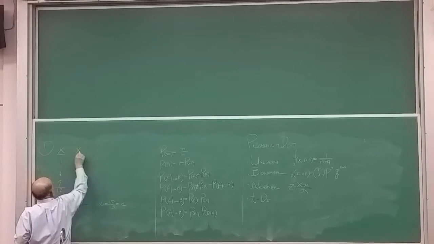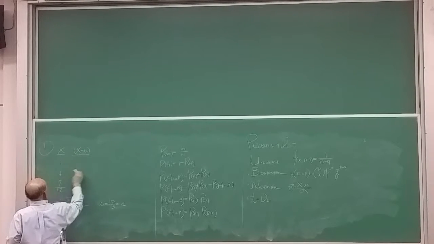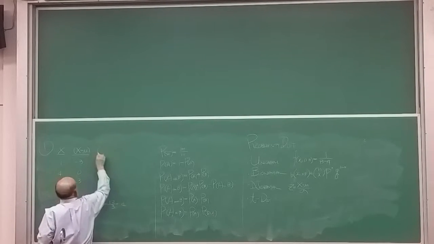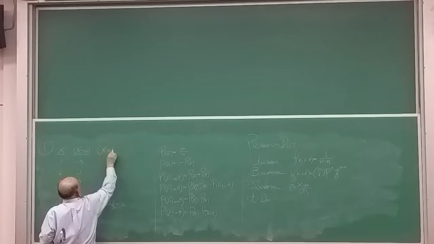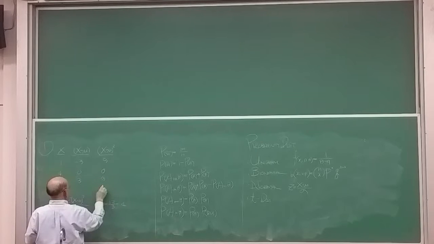So next will be x minus the mean. 1 minus 4 is minus 3. 4 minus 4 will be 0. 7 minus 4 is 3. Next one is the x minus mean squared: 9, 0, 9. Add them up will be 18.